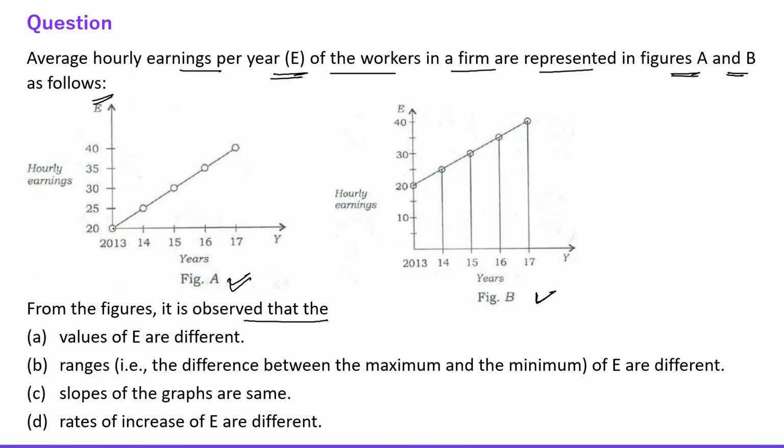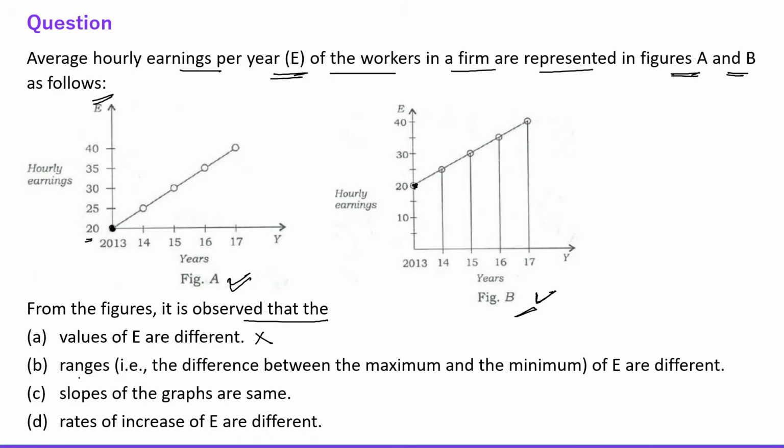In 2013, for figure A, the value of E is 20, and in figure B also it is 20 in 2013. For 2017, the value is 40 in both. So the values of E are the same in both figures, so this option is not correct.